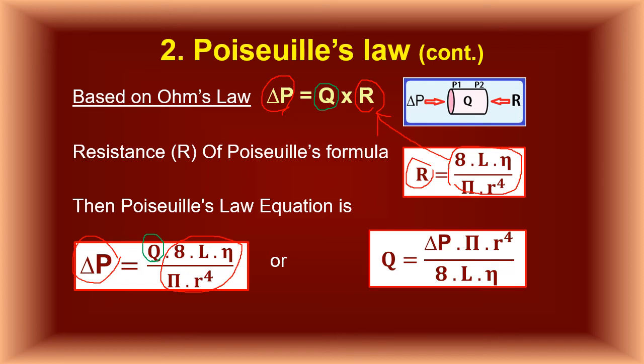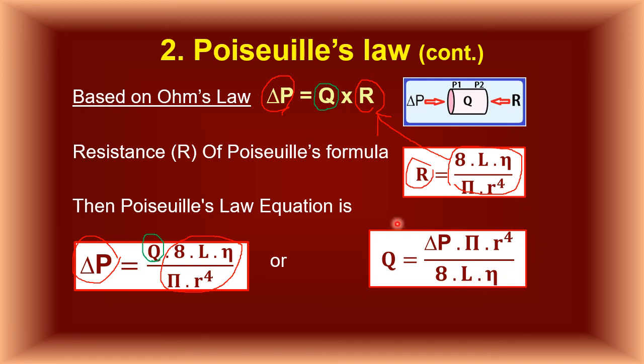All right. So in other words, I can reformulate it, because in mathematics I can reformulate the formula. So I can put here Q, which is the practical application. Q is the volume of blood flow, which equals delta P, the driving force, multiplied by pi, multiplied by R raised to the fourth power, divided by 8 times L times eta.